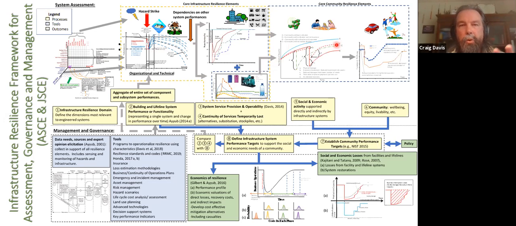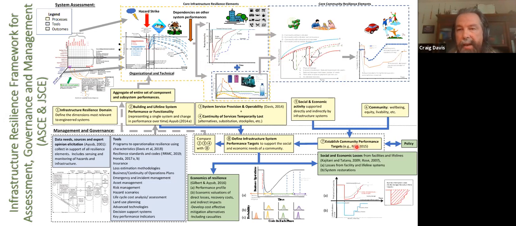So we have the core infrastructure resilience elements and the core community resilience elements here. The overlap is element 4, which is the continuity of services, where that has to be well coordinated, and I'll describe that a little bit later if I have time.